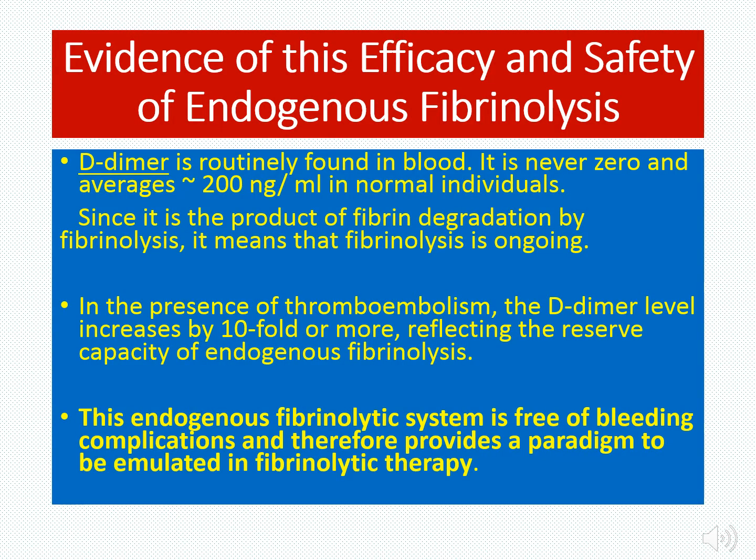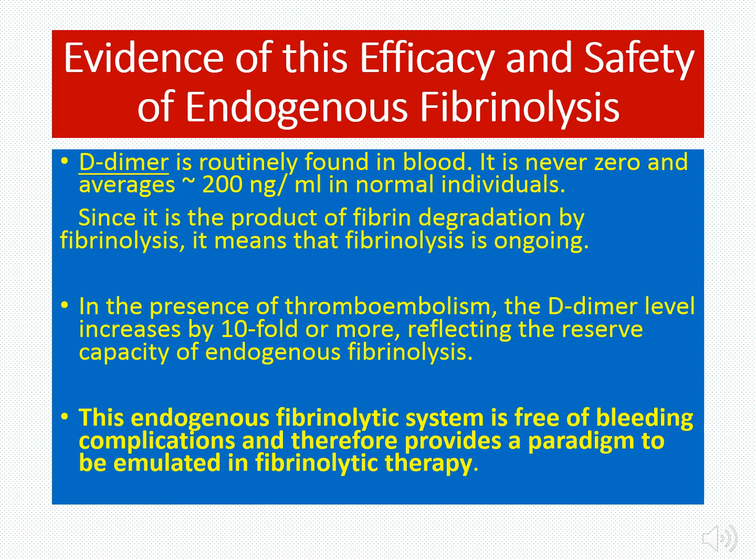Evidence of the efficacy and safety of endogenous fibrinolysis: D-dimer is routinely found in blood. It is never zero and averages about 200 nanograms per ml in normal individuals. Since it is the product of fibrin degradation by fibrinolysis, it means that fibrinolysis is ongoing.